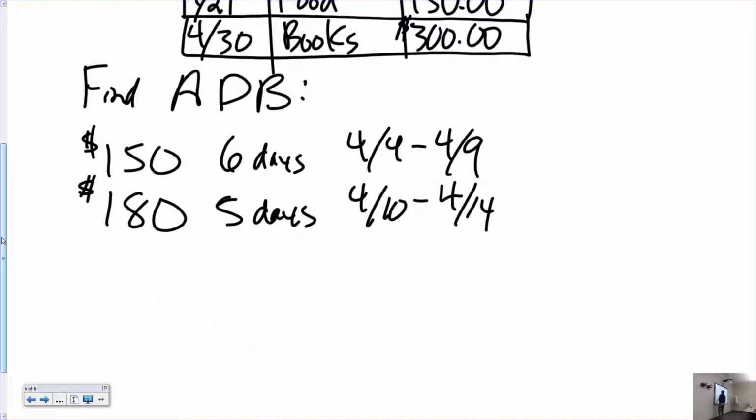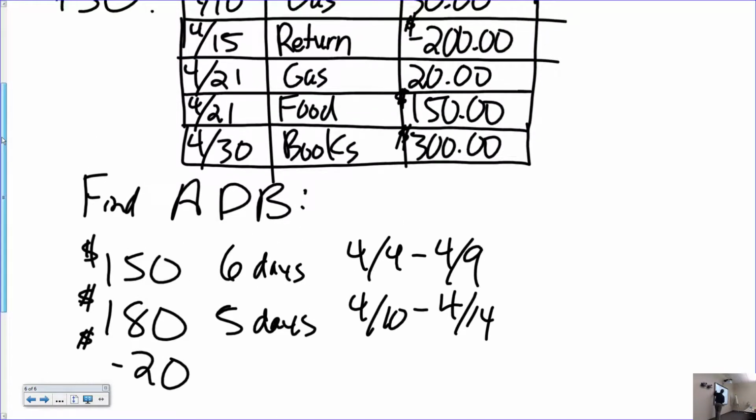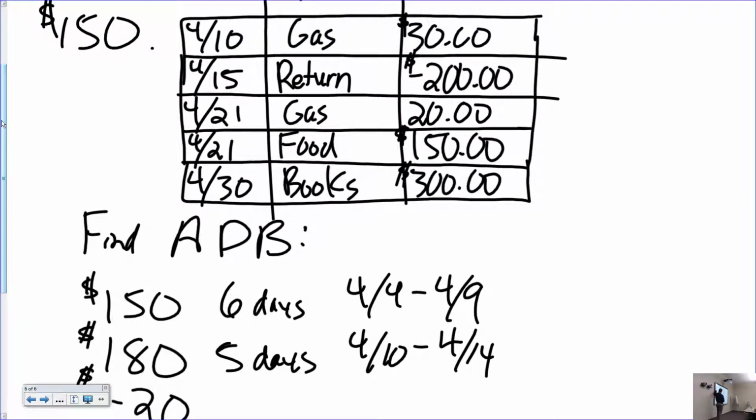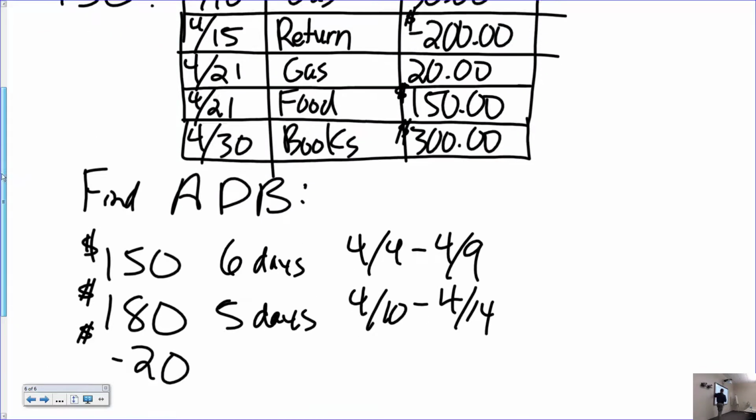You have to keep track of that correctly, and it can happen. While you're calculating the average daily balance, your balance may drop below zero. That's perfectly okay. There are some times when your credit card will actually send you money, right? If you have a negative balance long enough, your credit card will actually send you a refund check, because you return stuff and you paid for it initially, now you get the money back, right? So anyways, how long does that last? 6 days, from the 15th to the 21st.